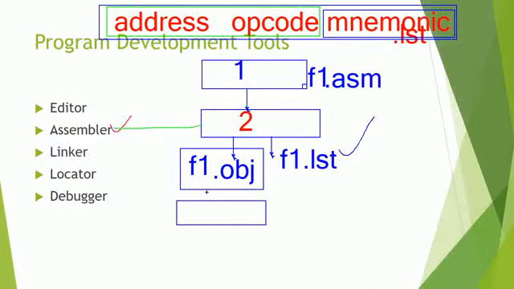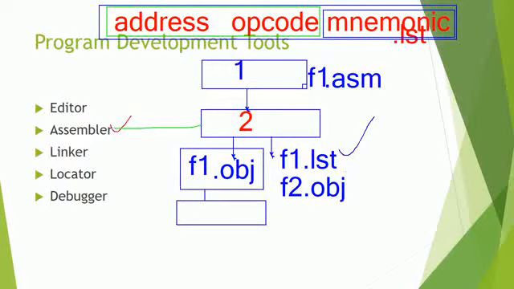So this linker accepts files from different modules. Now we have f1.obj. Let us suppose I have one more file with the .obj extension, f2.obj.